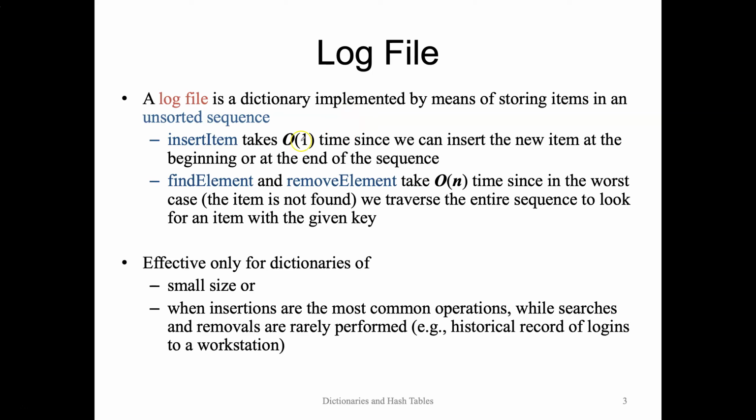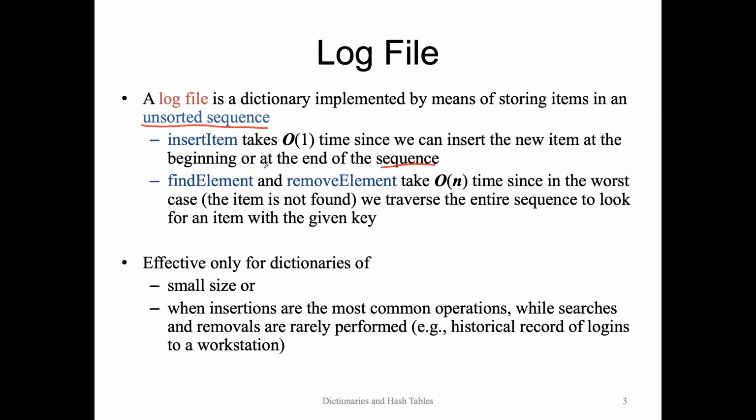When we insert an item, because we don't maintain any kind of order to the sequence, and we can't maintain any kind of order because our keys might not have an order defined on them, we just add it to either the beginning or the end of our unsorted sequence. So we just keep adding it to the end, and we can do that in constant time.